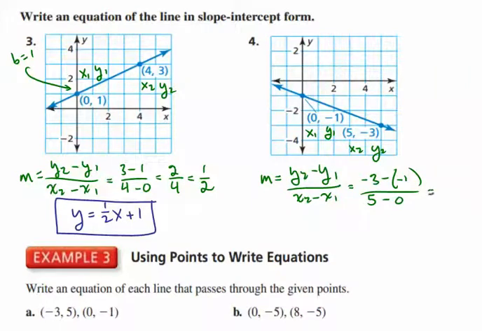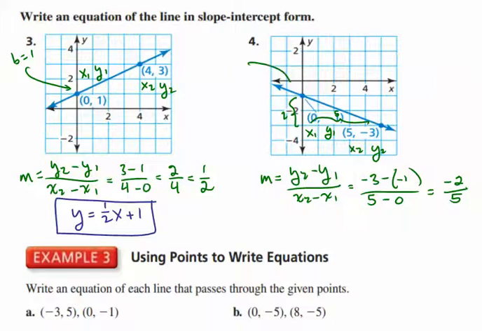And we end up with negative 3 plus 1 is negative 2 over 5. And we can see that we do indeed go down to the right 5. And so our slope is, in fact, negative 2/5.